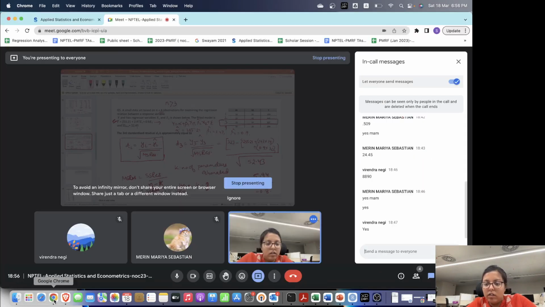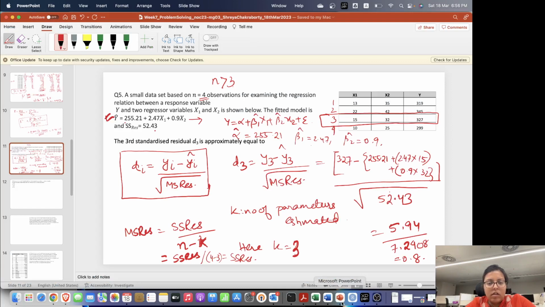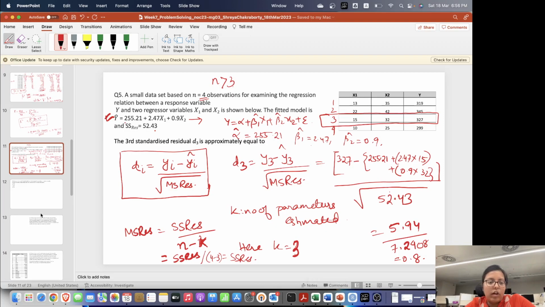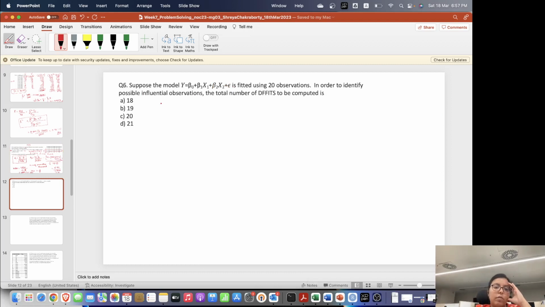Is it okay? Okay, moving on. So, suppose we have this model which we want to fit using 20 observations.